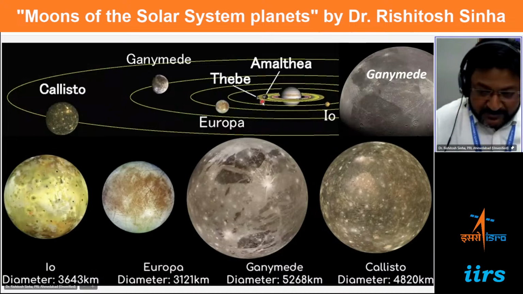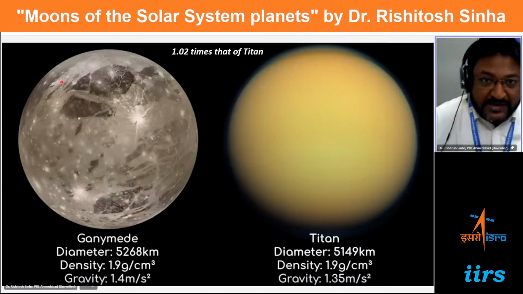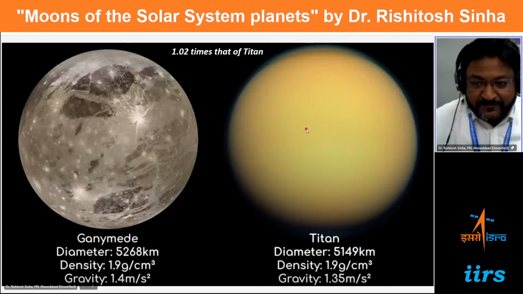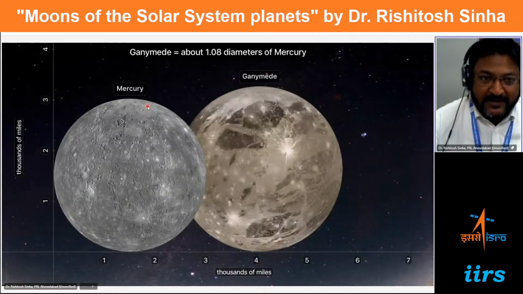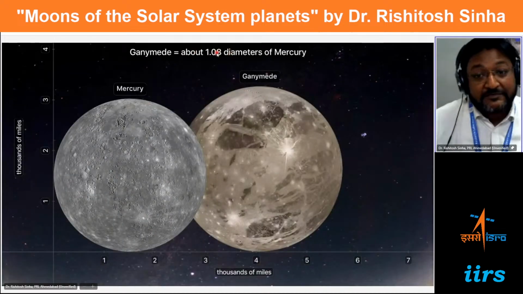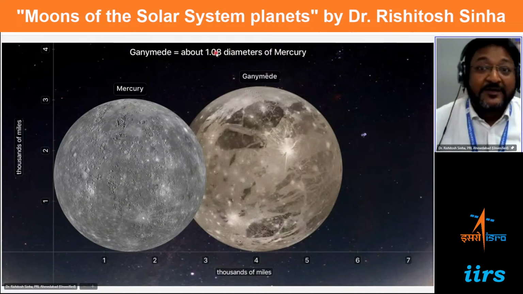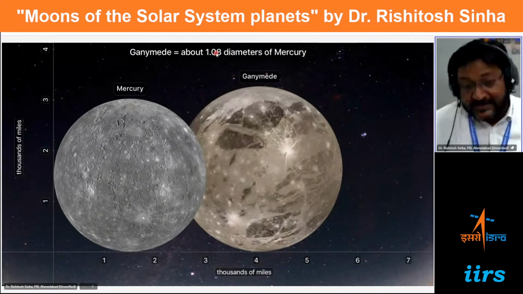If you compare the size of Ganymede with Titan, it is slightly bigger than Titan, 1.02 times that of Titan, and when you compare with Mercury, it is much larger than Mercury. So you see, Ganymede is bigger than Titan as well as bigger than Mercury. Being a moon, it is bigger than a planet.